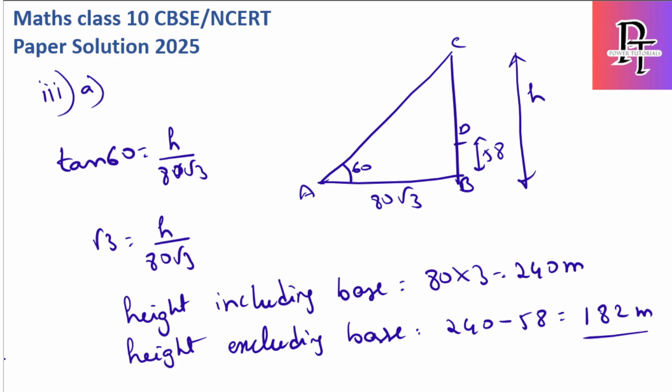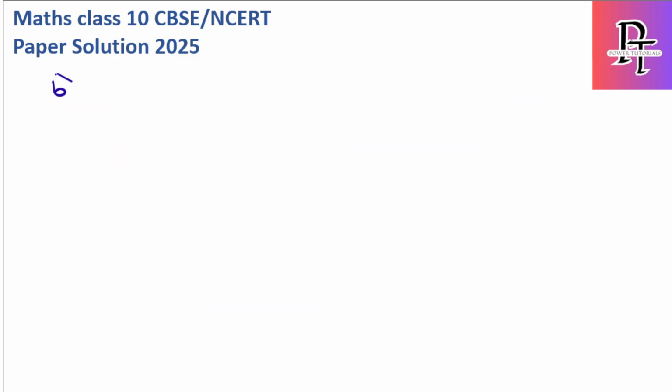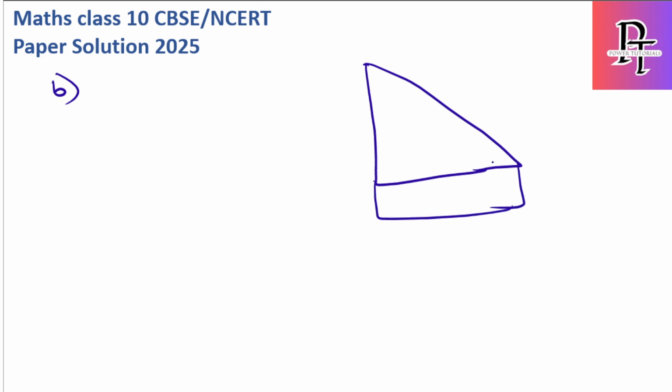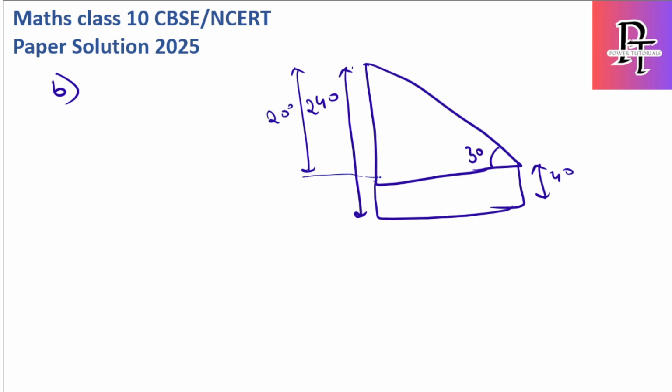Okay, let's solve the B part. As I mentioned, A is much easier here, but still we'll solve the B part as well. So let's draw the B diagram first. This is the B diagram. This is 30. The total we have is 240. This is 40, so I can say this is 200, because 240 minus 40 is 200.